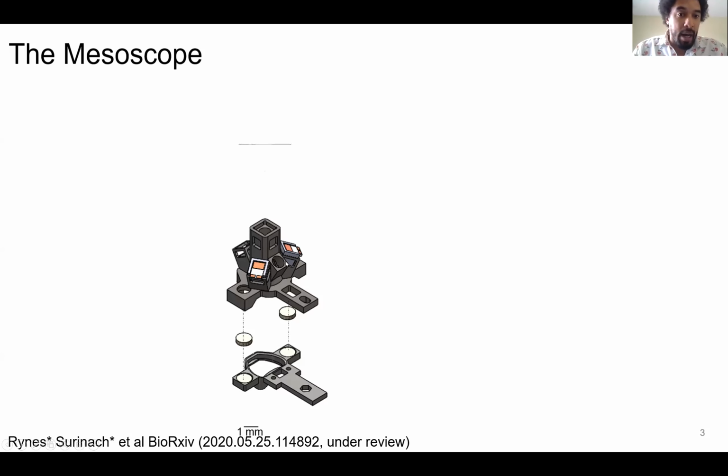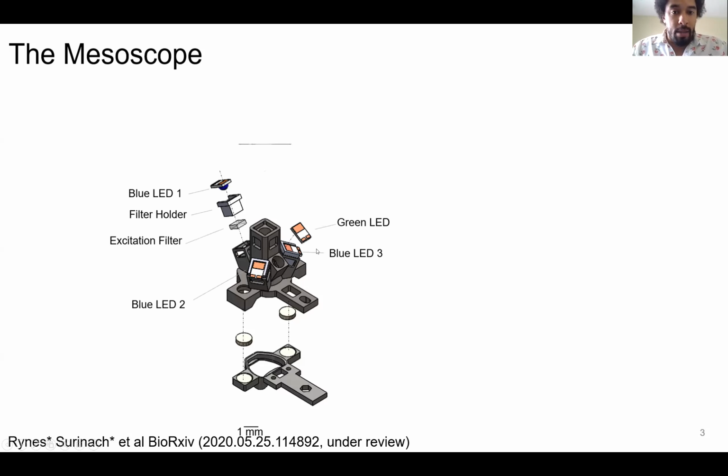The main body of the mesoscope consists of blue LEDs filtered to the excitation band of our genetically encoded calcium indicator, which is GCaMP. There are 3 such blue LEDs to provide an even illumination across the cortex. There's also a green LED in the posterior, which allows us to measure reflectance signals that we can use for hemodynamic corrections. To give a short description, these are changes in optical properties of tissue with neural activity that change blood flow.